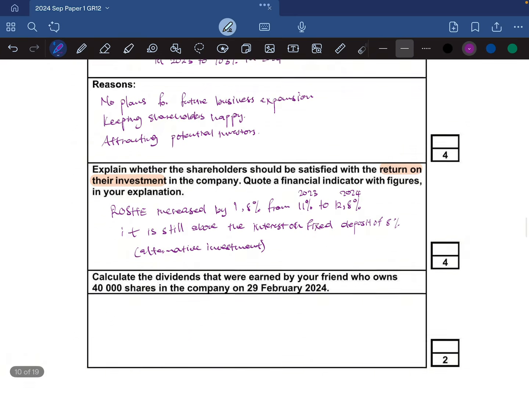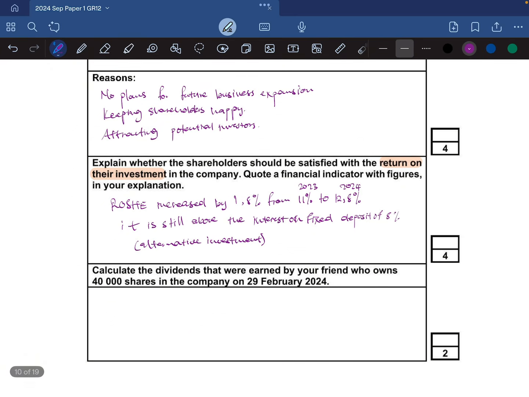And then that's our return on investment in the company for our shareholders. So therefore, shareholders should be satisfied.